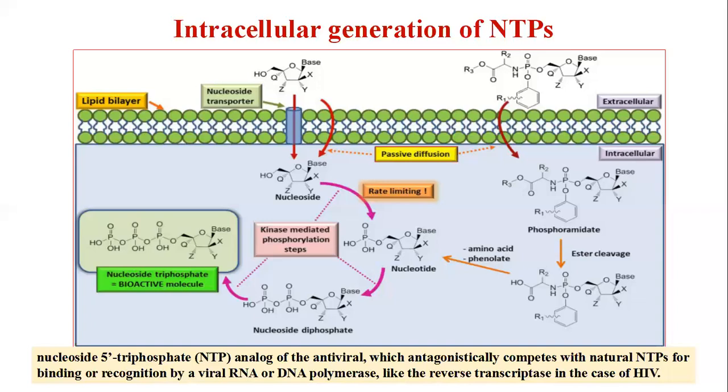So this nucleotide 5' triphosphate, or NTP analog of the antiviral, antagonistically competes with the natural NTPs for binding or recognition of the viral RNA or DNA polymerase. So here there will be a competitive inhibition.